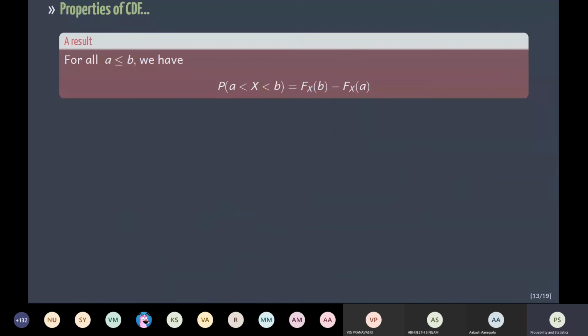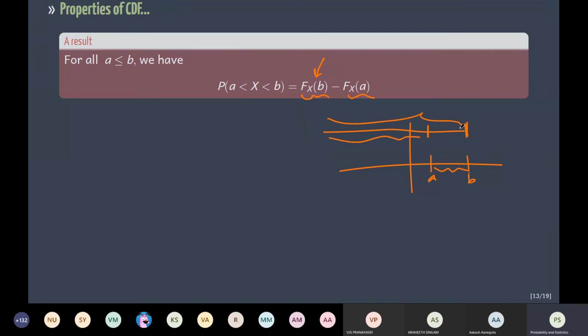Now for all a less than or equal to b, the probability that a is less than X less than or equal to b can be computed from here, because this is cumulative up to b. I'm asking for the probability of the interval from a to b. So I can find the CDF up to here, and then the CDF up to a.